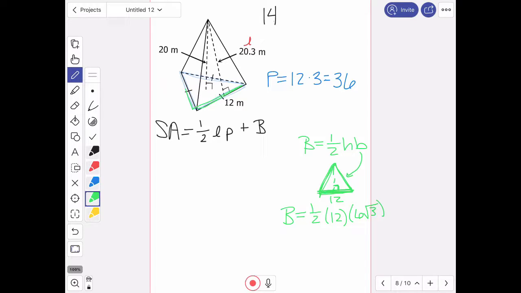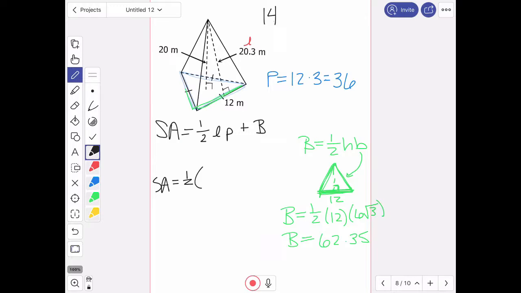Again, that's coming from those special right triangles that we did a long time ago. So don't worry if you don't remember. This is not one that I would give you on a quiz, but I would actually give you that height. So now, knowing that our base area comes out to be 62.35, okay?